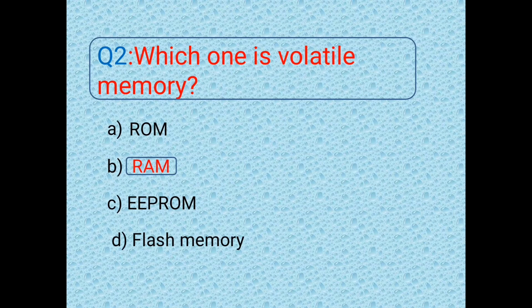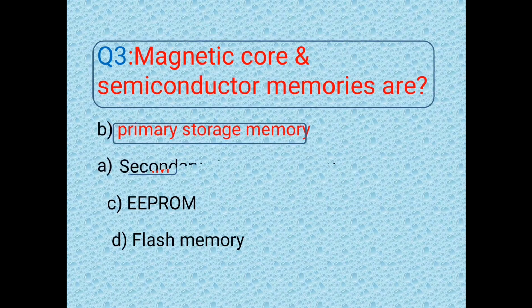An example of volatile memory is RAM, random access memory. ROM means read-only memory, RAM means random access memory, and EEPROM stands for electrically erasable programmable read-only memory. So in this case, the correct option is B, RAM.